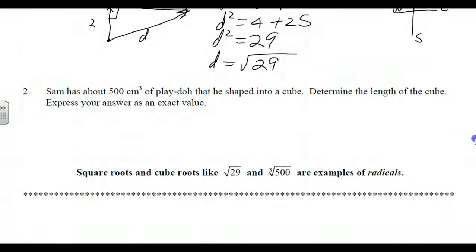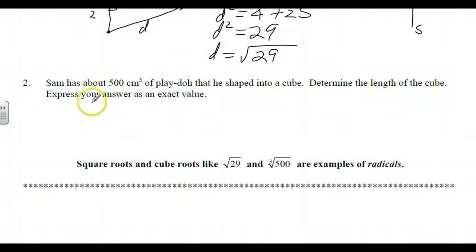Sam has about 500 cubic centimeters of Play-Doh that he shaped into a cube. Determine the length of the cube. Okay, so a cube has all sides the same length, which I have not drawn a very good cube. That's more rectangular prismy, but we don't need a diagram. The volume of a cube is the side length cubed, and we are given the volume, 500 is s cubed.